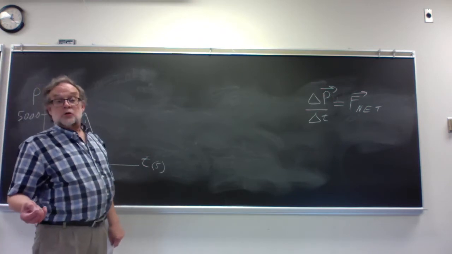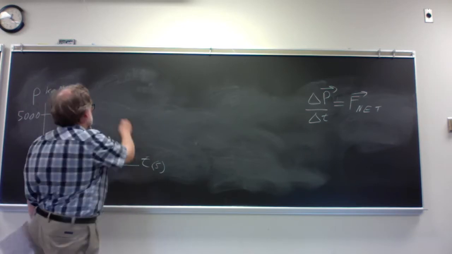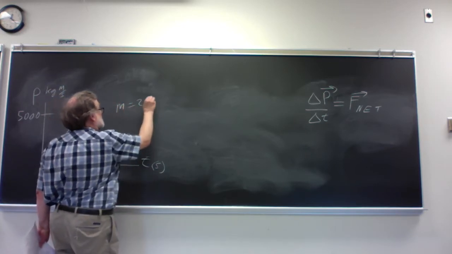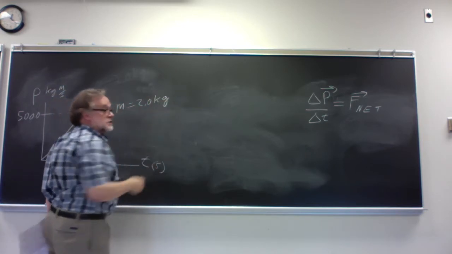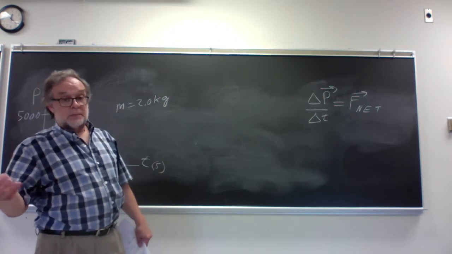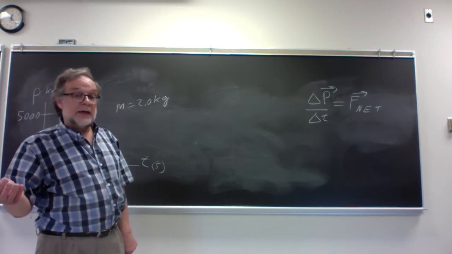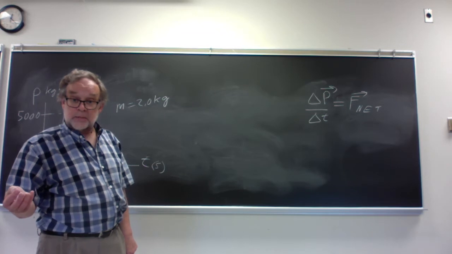From that information, and if we know that the mass is 2 kilograms, just like in the previous example, we can figure out what a graph of acceleration versus time looks like.